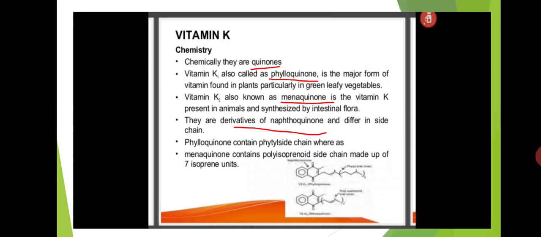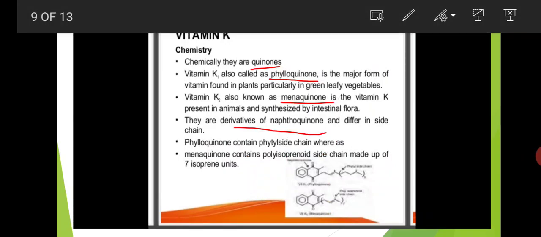They are derivatives of naphthoquinone and differ in side chain. Phylloquinone contains a phytyl side chain, whereas menaquinone contains a polyisoprenoid side chain made up of 7 isoprene units.